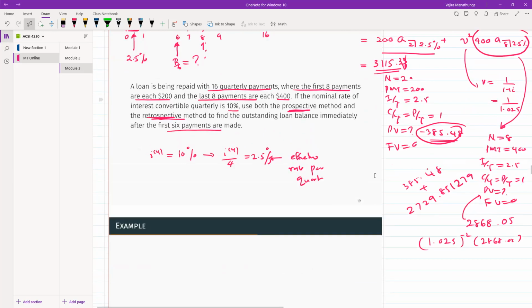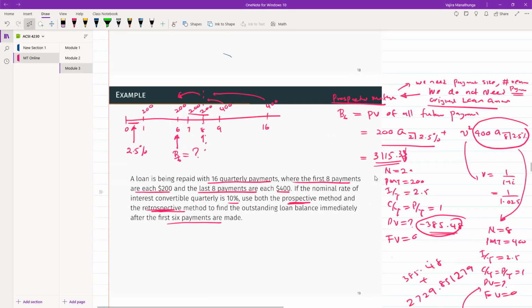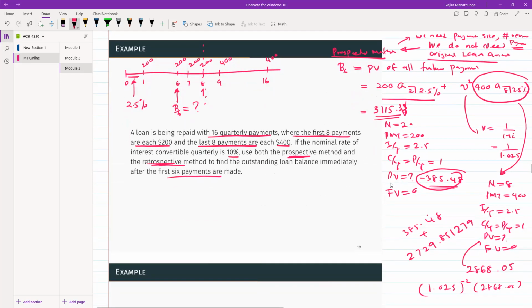So let me erase this, and also this. Okay, so under the retrospective method, B6 is going to be what?